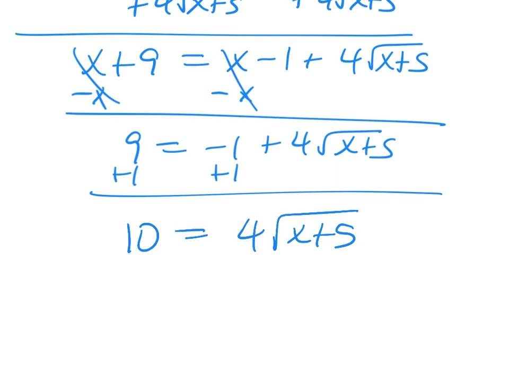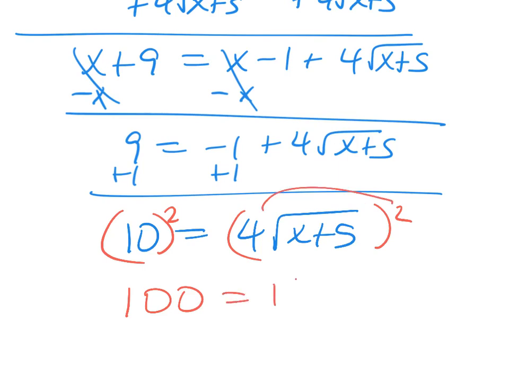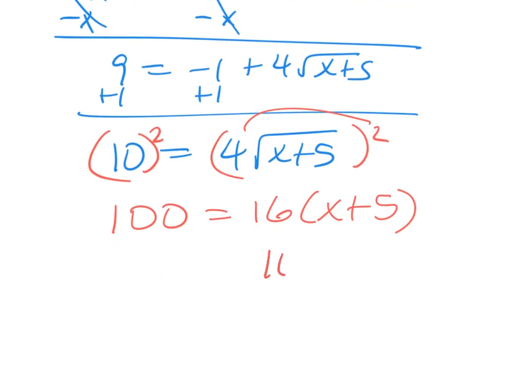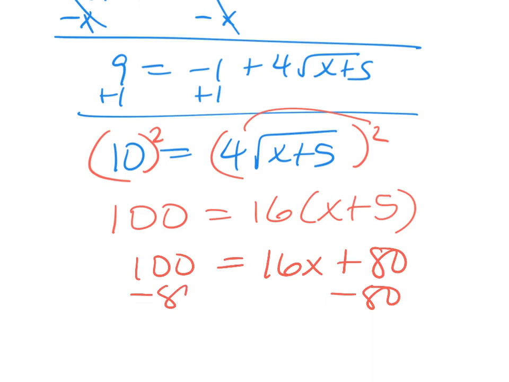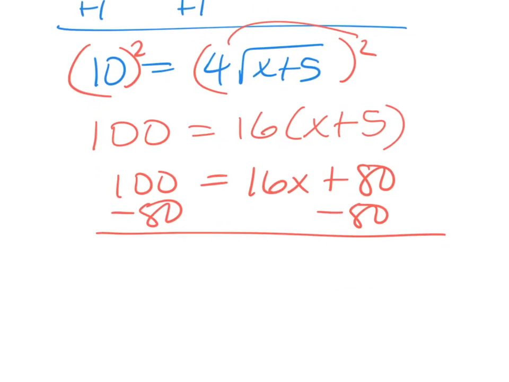I've now got the radical isolated. Square both sides. This becomes 100. The 2 goes on the 4, so it becomes 16 times x plus 5. I need to distribute the 16. And now move the 80. And I get 20 is equal to 16x.